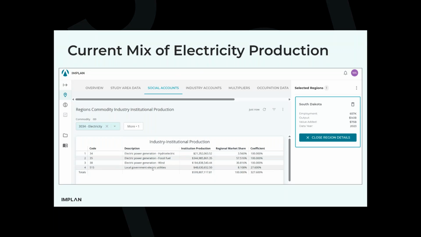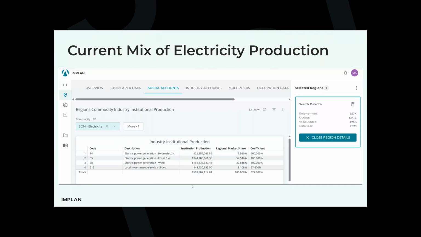So let's imagine that as South Dakota welcomes in new data centers and potentially other businesses to create more of an industry chain within their region, let's imagine they continue to ramp up hydroelectric power.